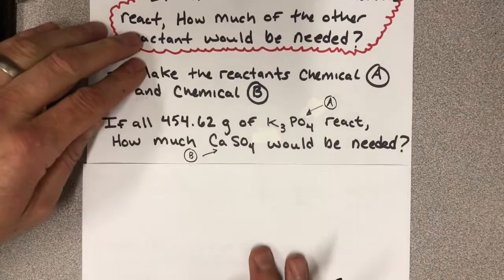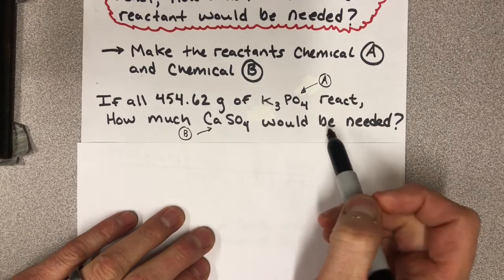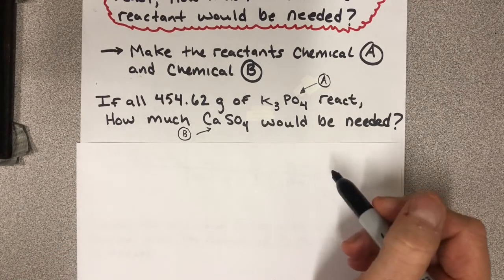So that question then is this. If all of the potassium phosphate reacts, how much of the calcium sulfate is going to be needed to make that happen?